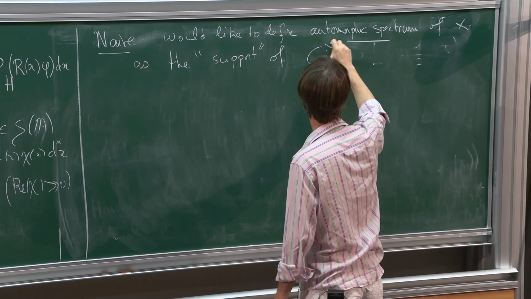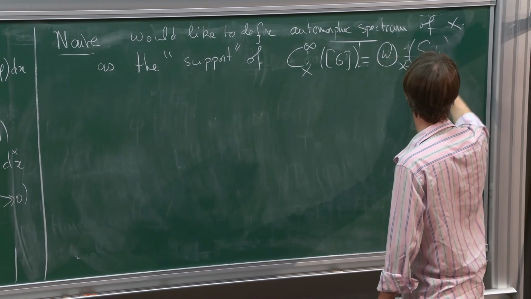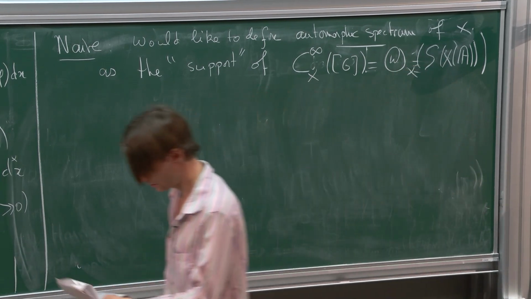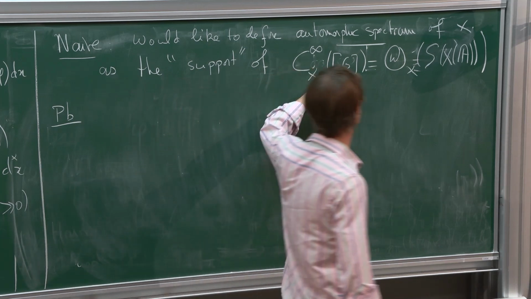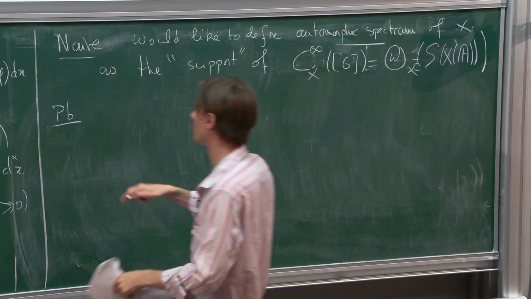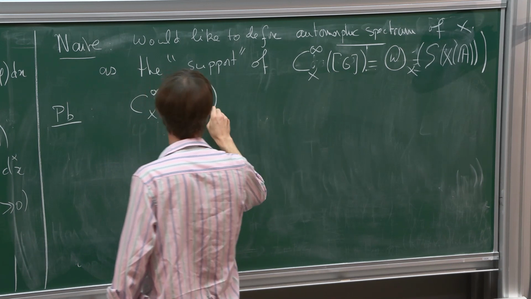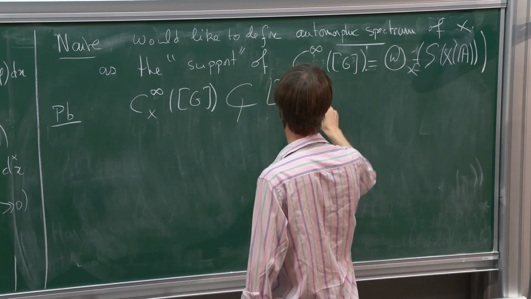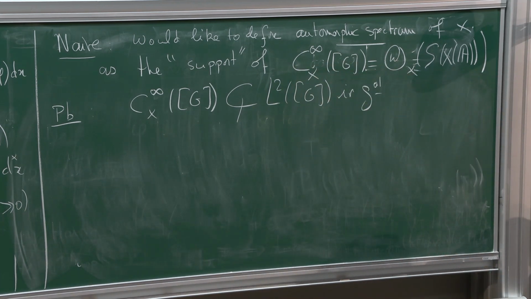So let me denote it by this. But there is a problem: in general you cannot complete this space into a Hilbert or unitary representation naturally, because this would be obvious if this space was in L2, but usually it is not. So you cannot complete to get a unitary representation.